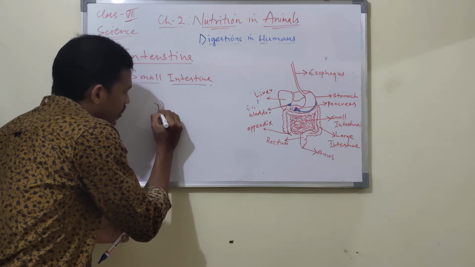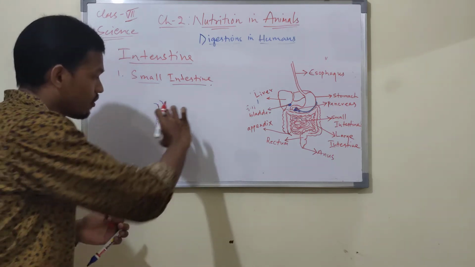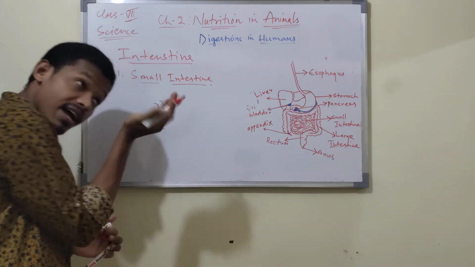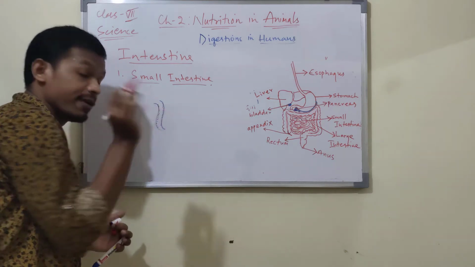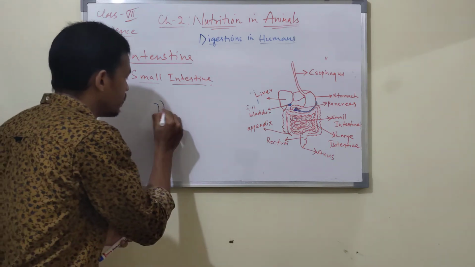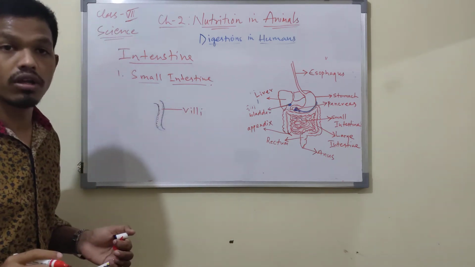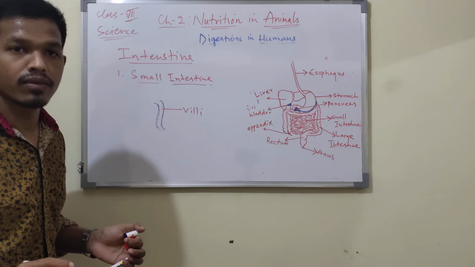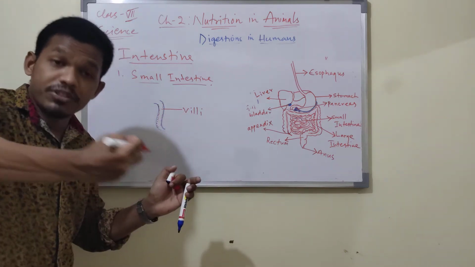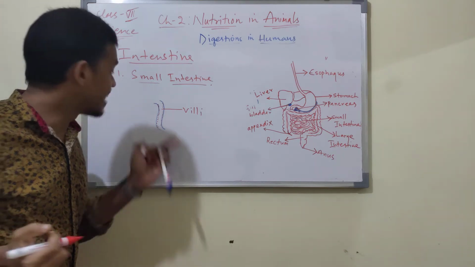I am drawing a part of the small intestine. Inside the surface of the wall of the tube, you will find finger-like outgrowths called villi. The purpose of the villi is to absorb the nutrients required by our body after digestion of the food.